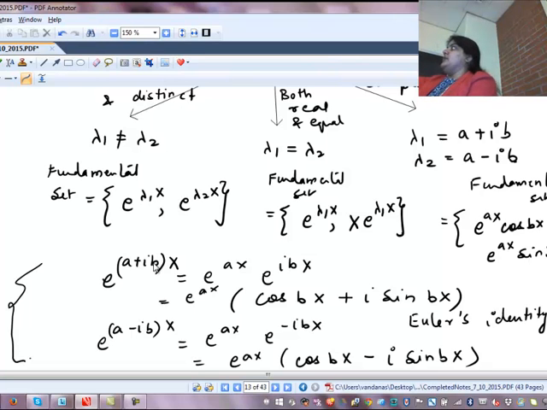But here you can see there will be a rotation in the solution. The solution curve will give you a rotation behavior. So whenever roots are complex, that very moment it should come to your mind that the solution will have a spiraling behavior. Complex roots give rise to spiraling behavior in the solution.